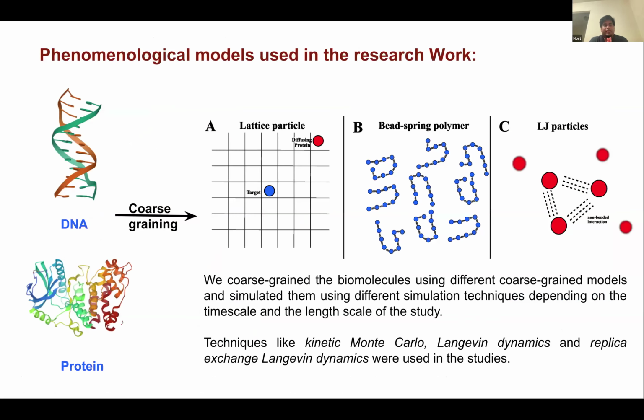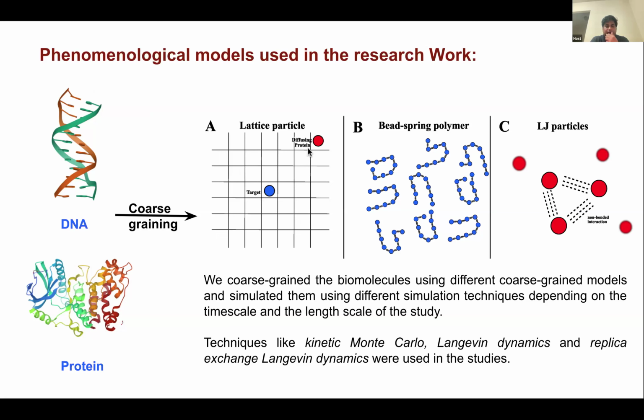So in our study we use a phenomenological model. We generally have an all-atom DNA or protein structure, and we coarse grain these biomolecules into different styles. Here there are three kinds of models basically.